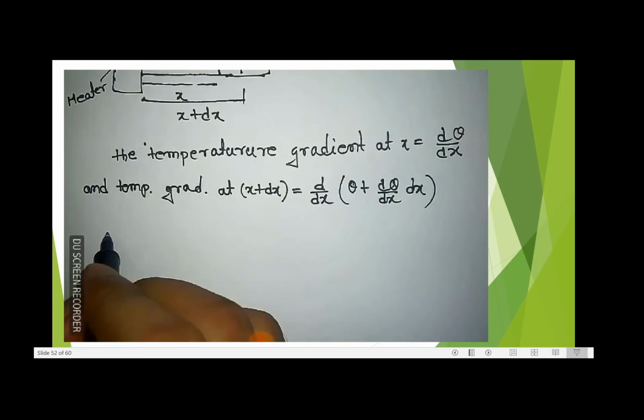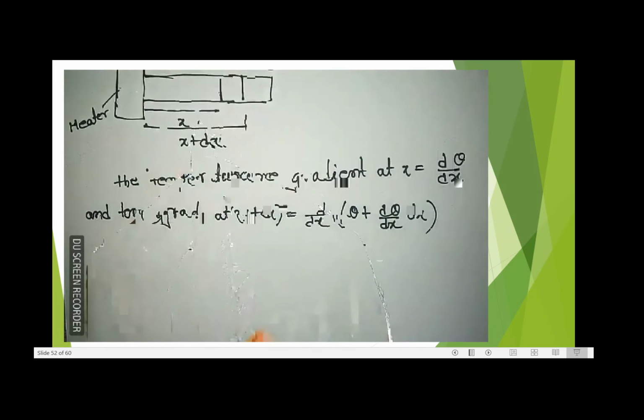now see that heat comes across the section dx and gets out of it.